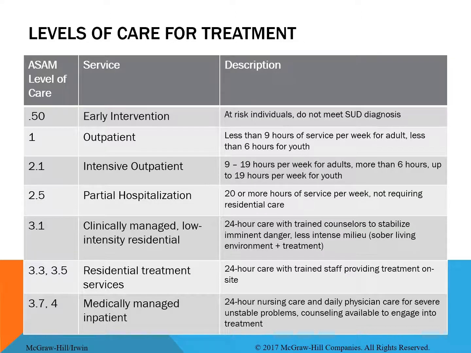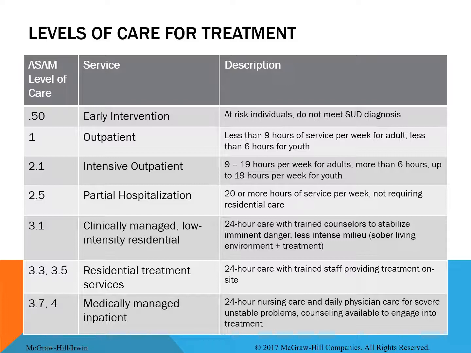These are the corresponding ASAM levels of care for treatment services in California. The levels of care are designed to be a continuum of care. For example, someone may initially need a residential treatment service because they currently don't have a recovery-oriented living arrangement.